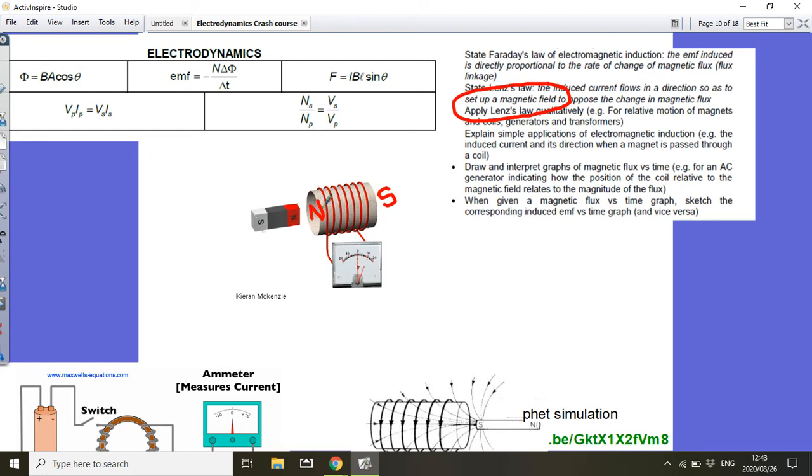for a new magnetic field to be set up. So now if there's a north pole there, you can take your right hand again. And remember, if you use your right hand, your thumb must point towards the north. And if your thumb points towards the north, you will see that the current is going to flow over the top, underneath to the bottom. So that's going to be the direction of my current.